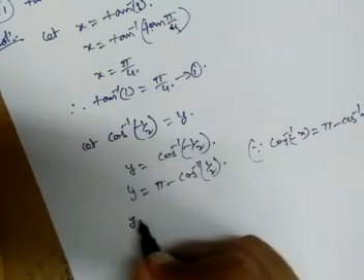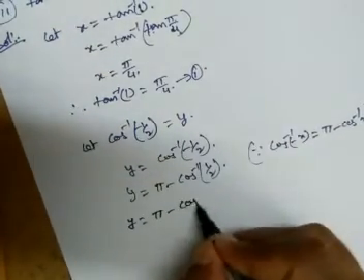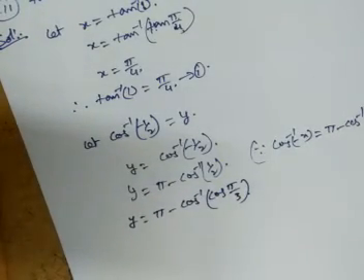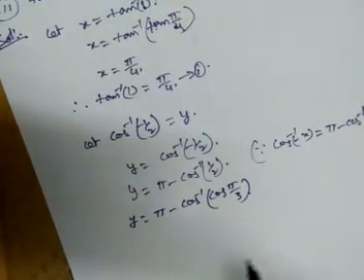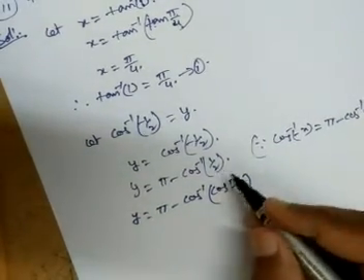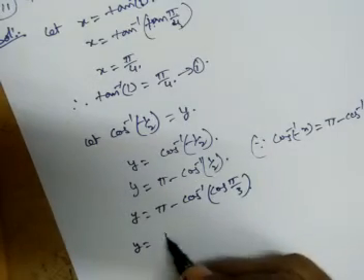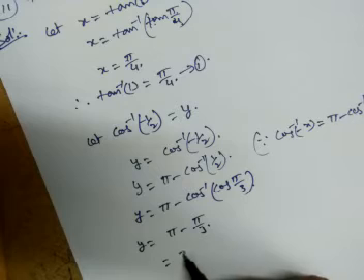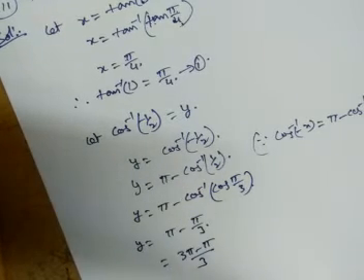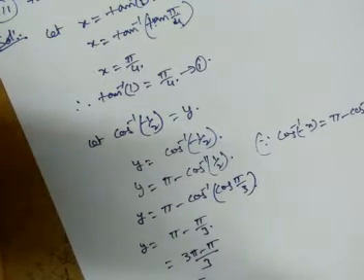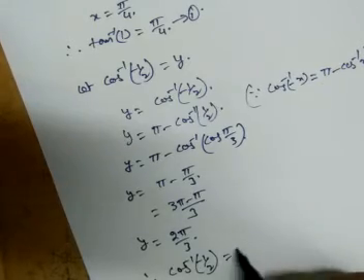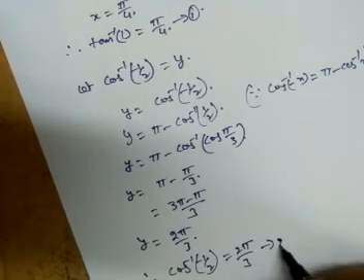That gives y equals pi minus cos inverse of cos pi by 3. Okay, cos 60 is 1 by 2, so y equals pi minus pi by 3, that equals 3 pi minus pi by 3, then y equals 2 pi by 3. Therefore cos inverse of minus 1 by 2 equals 2 pi by 3. This is the second equation.